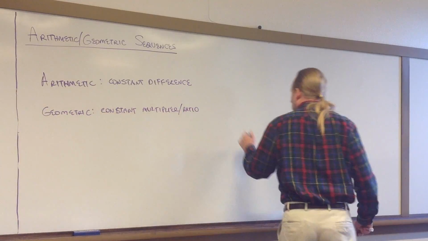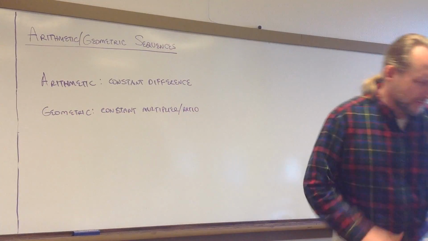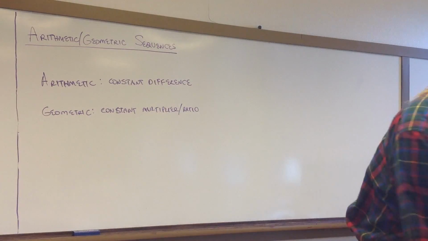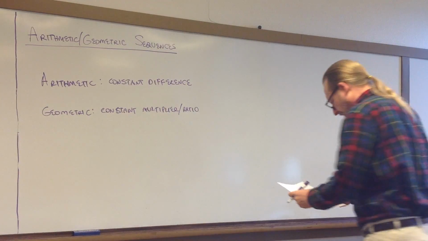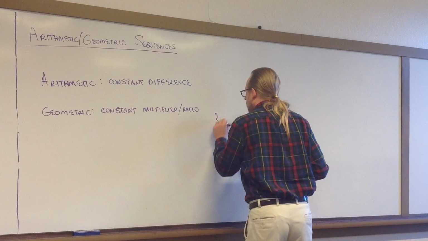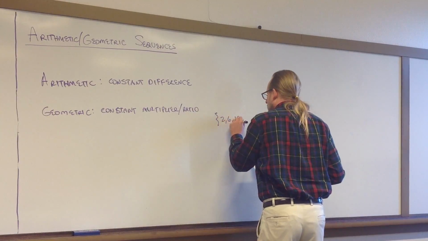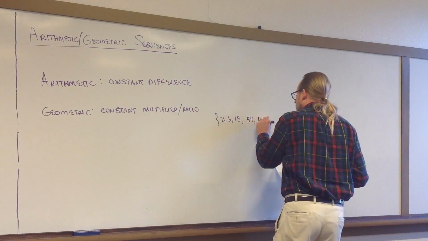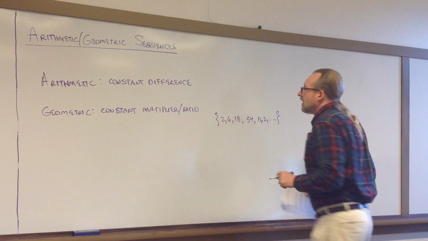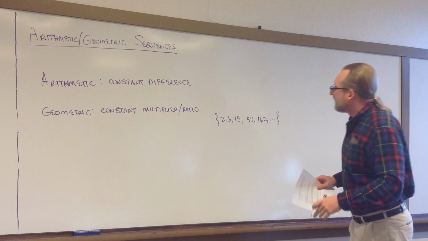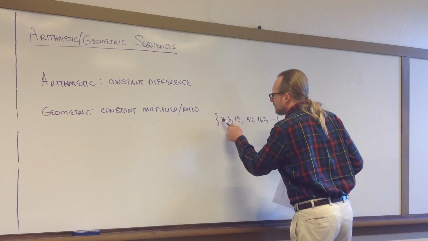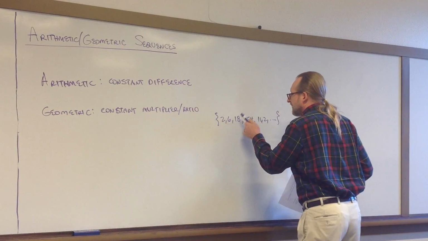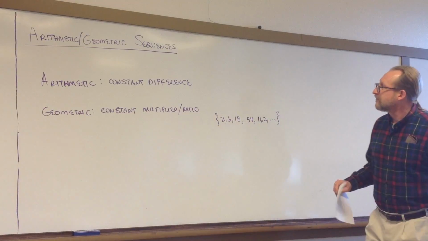So for example, let's use the one example from the textbook. 2, 6, 18, 54, 162, and so on. So the constant multiplier is, if you recognize, 2 times 3 is 6, 6 times 3 is 18, 18 times 3 is 54.